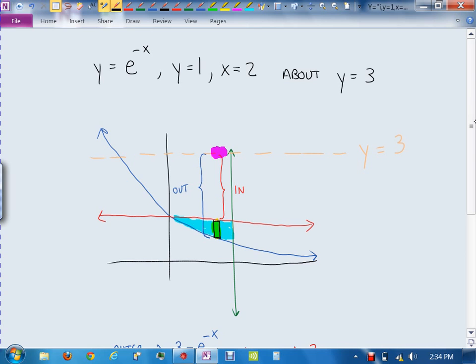So the distance from here to here has to be 2. Don't look at it as taking 3 and subtracting 1. Try to look at it like you're standing there measuring how far. I know from me to the x-axis is 3, and from the x-axis to that other red one is 1, so from me to the red one it's 2.